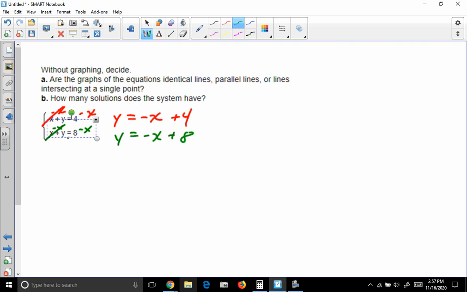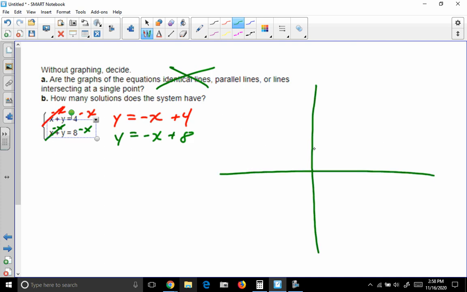We could have noticed at the beginning that they're not identical lines because x plus y is the same for both of them, but 4 and 8 are different. So those two equations are not going to be the same. They have different y-intercepts. If we just randomly sketch them, one has a y-intercept of 4, one has a y-intercept of 8. They have the same slope, which is a negative slope.